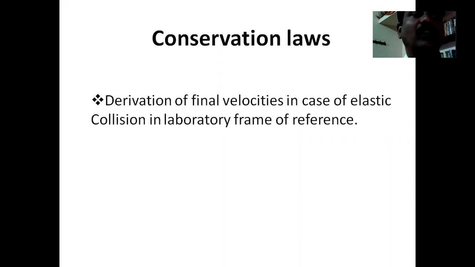After colliding, what are the final velocities of those two particles? We have to discuss this in the laboratory frame of reference, so we take the inertial frame and calculate the final velocities of those two particles after collision in the case of elastic collisions.